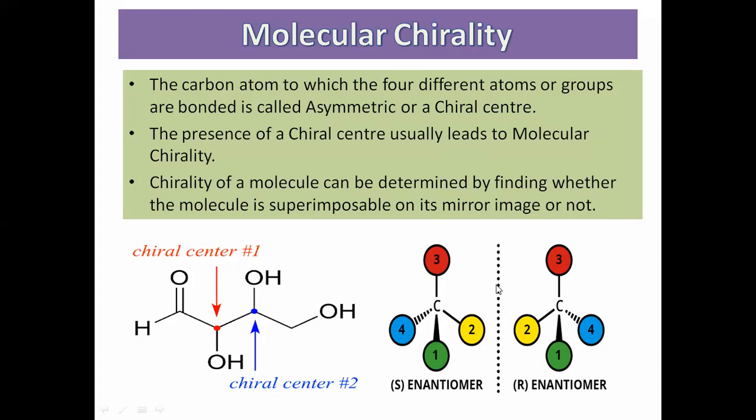So this is the structure. Enantiomers are non-superimposable mirror images. Molecular chirality depends on the presence of a chiral center in the molecule.